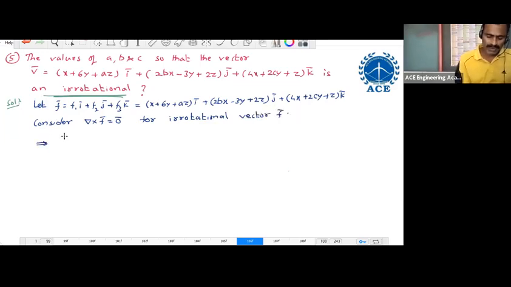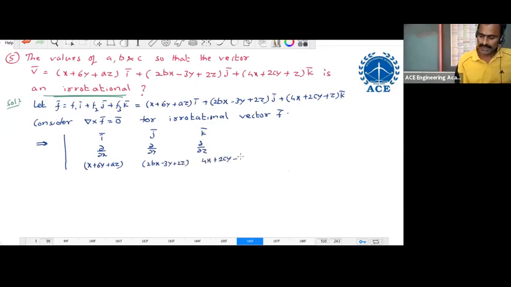Which implies the determinant with i bar, j bar, k bar in the first row, dou by dou x, dou by dou y, dou by dou z in the second row, and x plus 6y plus az, 2bx minus 3y plus 2z, 4x plus 2cy plus z in the third row.